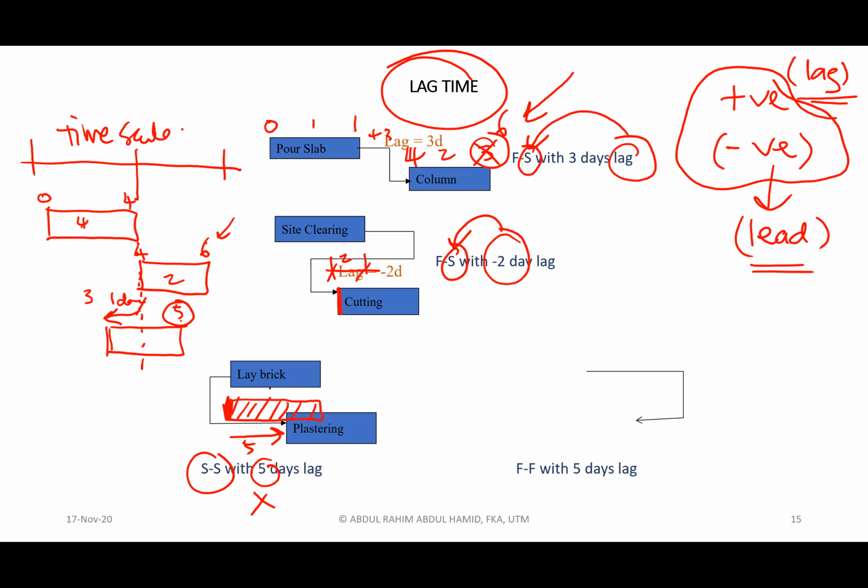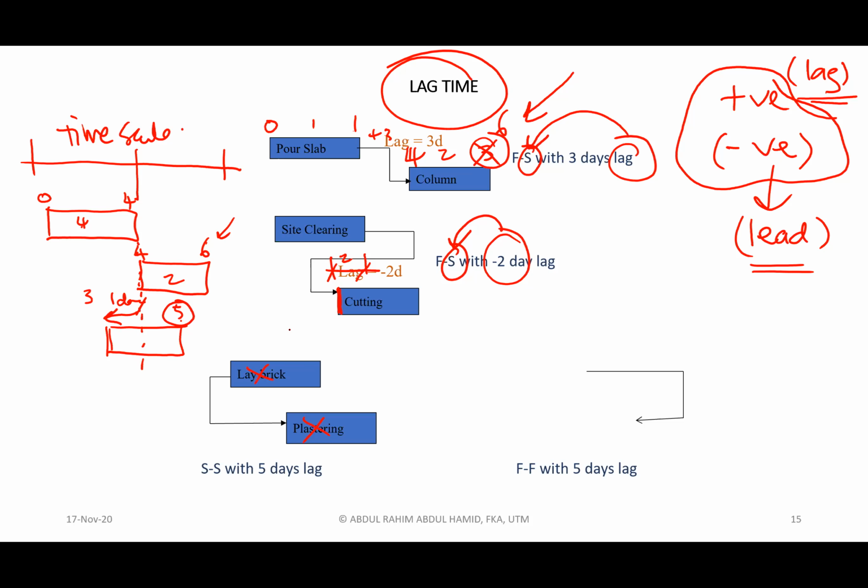Okay, so you have to imagine something like that. Otherwise, you cannot get the concept of lead and lag. Just remember 5 days indicates here the start of the following activity, a little bit delayed by 5 days. That is the concept. We cannot use the word plastering here, because otherwise the logic might not be there.